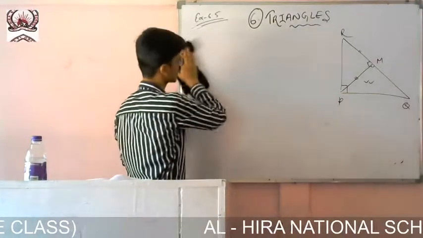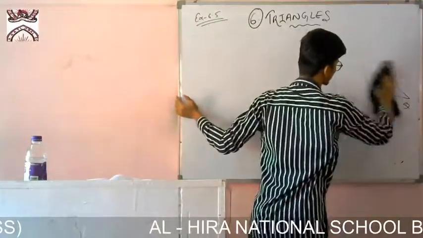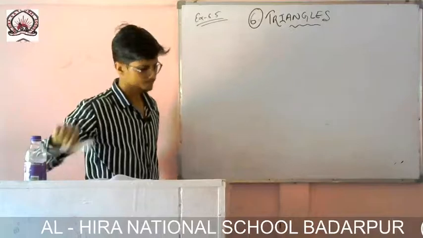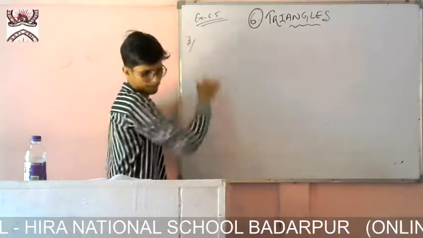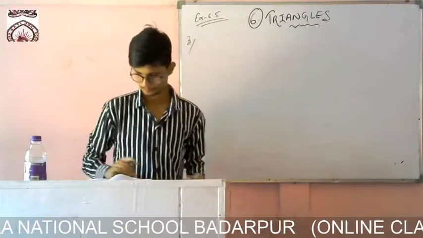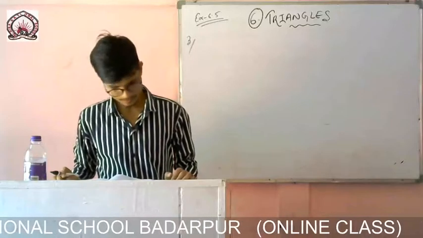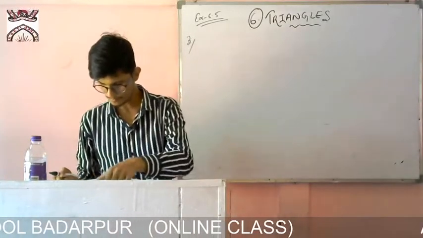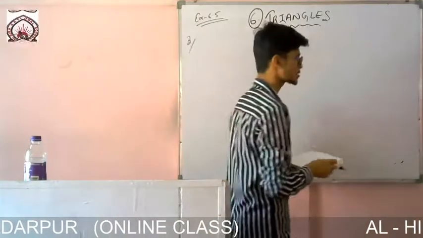This is not that tough. What is given here? A triangle ABD is given, figure 6.53. Let me draw this one.